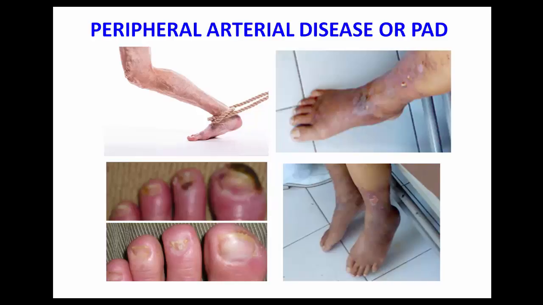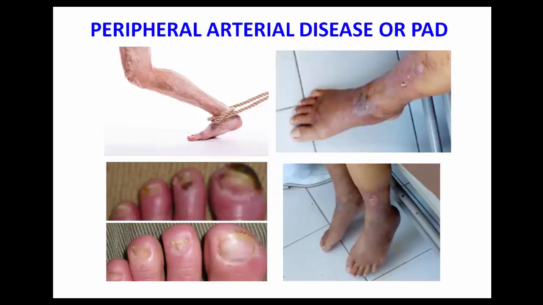In worst cases, when the circulation is significantly compromised, it can lead to discoloration of the skin like we see here, which is dark, which may be a sign of gangrene. And if this gangrene is not promptly managed, it can lead to amputation or severe blood infection with bacteria.